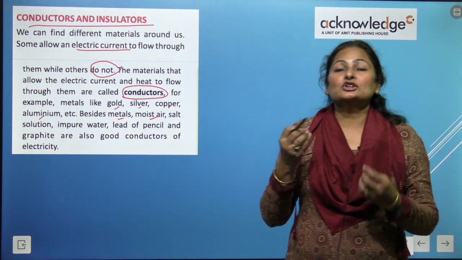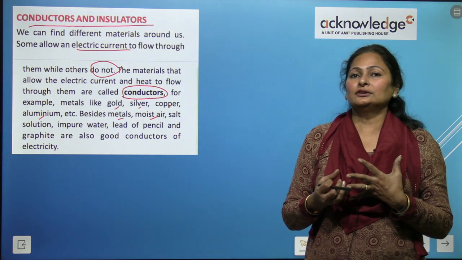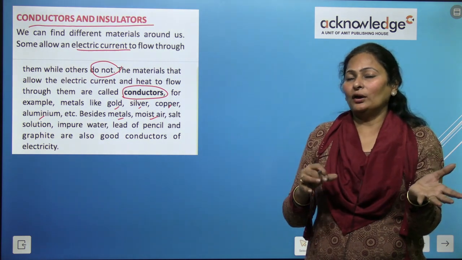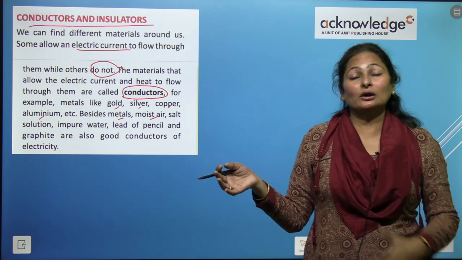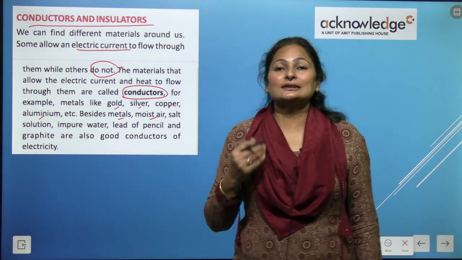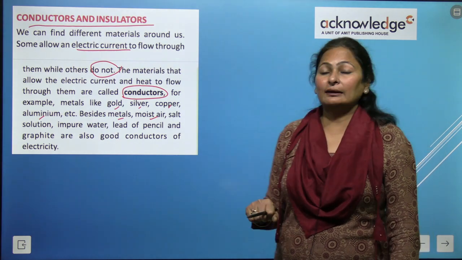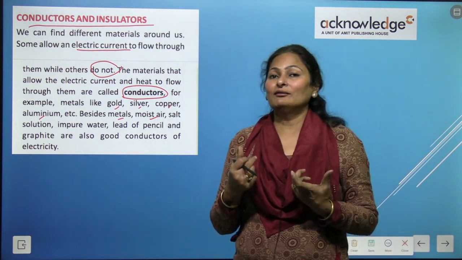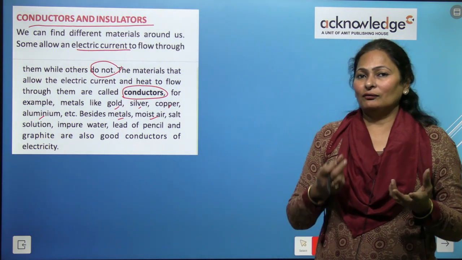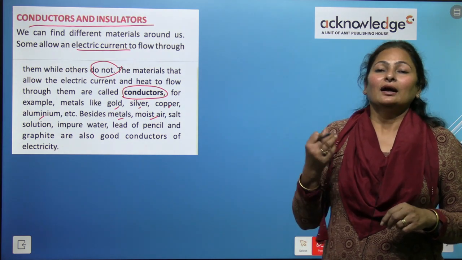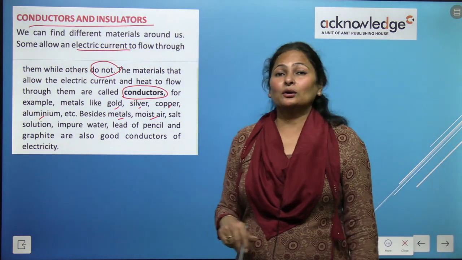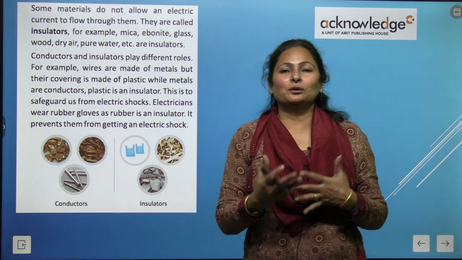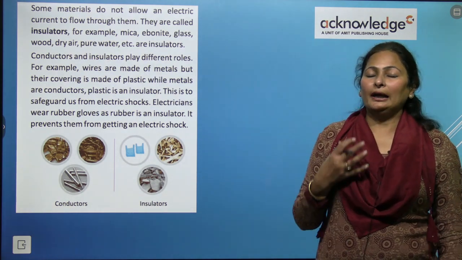Salt solution is when salt is mixed with water, and it is again a conductor of electricity. Moist air means the water vapor present in the air. So moist air is again a conductor of electricity.